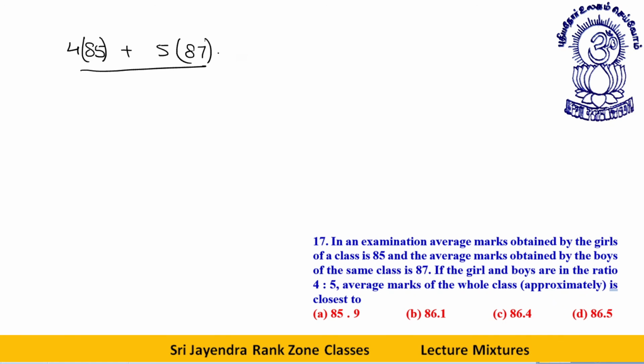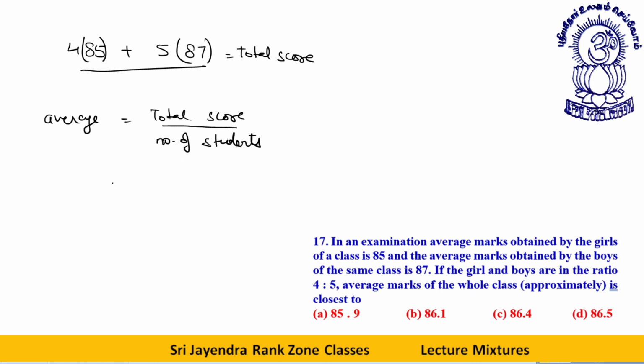This is the total score. When this is total score, average will be how much? Average will be total score divided by number of students. That will be what? Total score will be 4 into 85, 340 plus 5 into 87, 435 divided by 4 plus 5.